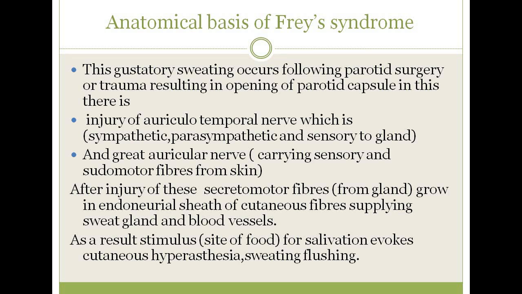So the auriculotemporal nerve supplies the gland, while the great auricular nerve supplies the skin and the capsule. What happens after injury of this capsule during surgery? There is a connection between these two nerves: secretomotor fibers from the gland grow into the endoneurial sheath of the cutaneous fibers supplying sweat glands and blood vessels.